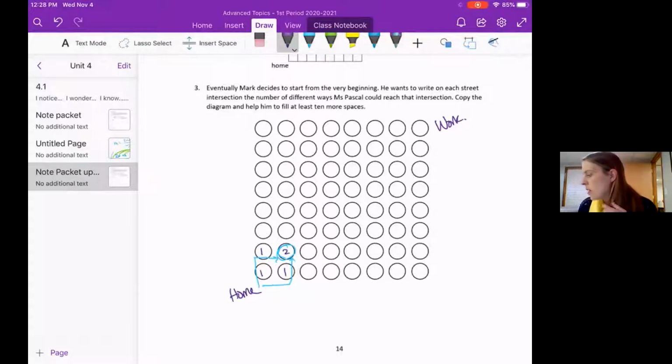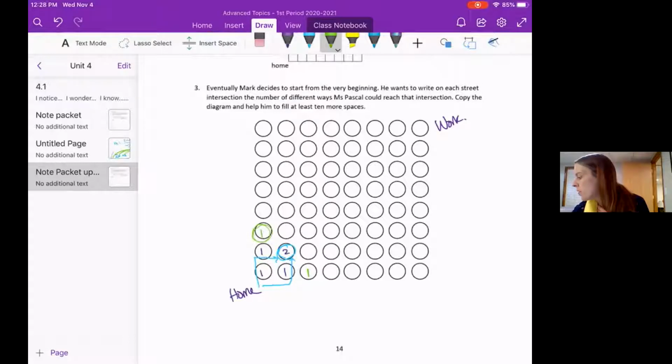Similarly, we could fill in some more values on our Pascal's path. If we just wanted to find the number of ways to reach this intersection, it would be just to go up. So there would be one way to do that. Similarly, there would be only one way to reach the intersection three to the right.